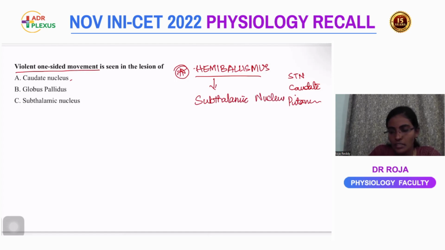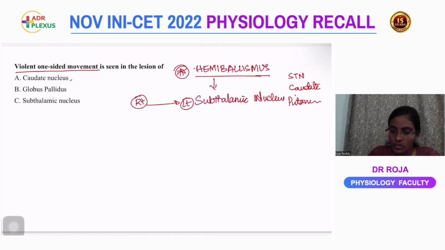Since it is saying hemibalismus, it means it is occurring only on one side, right? So which sided lesion will cause this? Suppose a patient is having these involuntary movements on the right side, it is caused due to a lesion of the subthalamic nucleus on the left side.